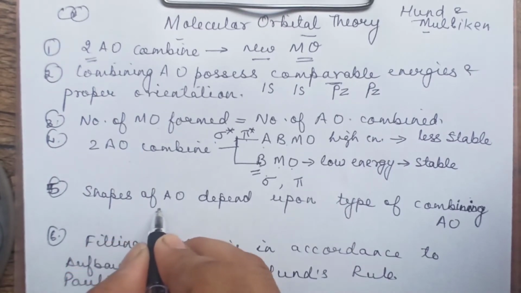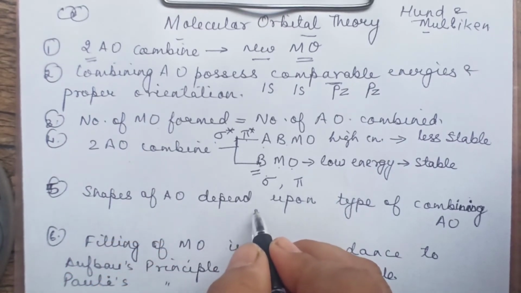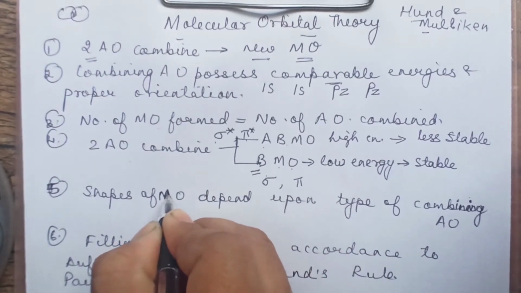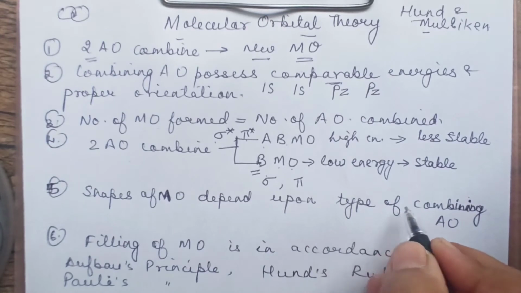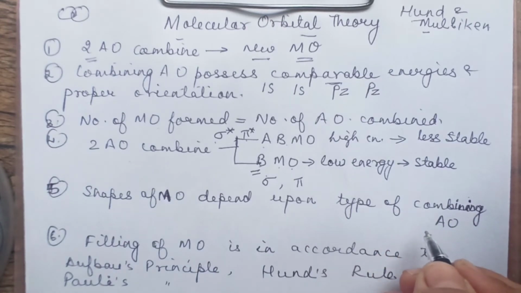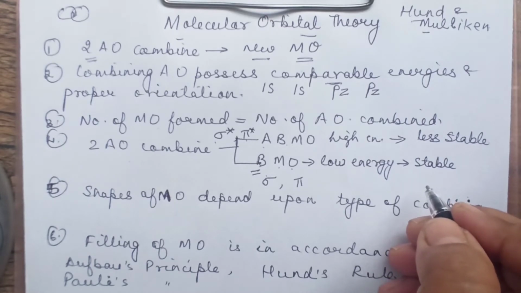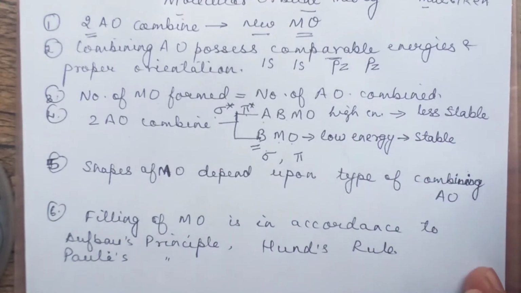Now, the shape of the molecular orbital depends upon the type of combining atomic orbitals. If s is combining with s, the shape will be different. If p is combining, the shape is a little different. What the shapes are, we are going to discuss just now.